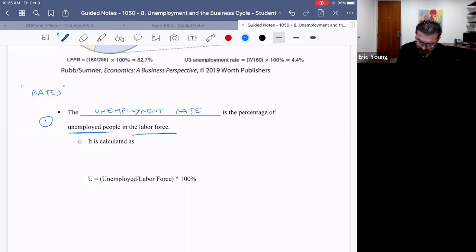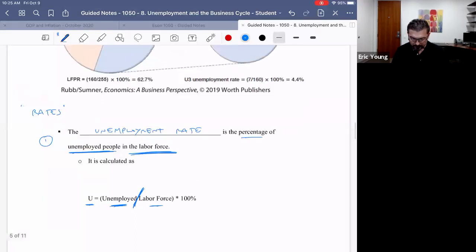So we're going to calculate the unemployment rate as the number of unemployed divided by the number in the labor force times 100. Again, the unemployment rate is the percentage of the unemployed as a proportion of the overall labor force. We derive that number by taking the number of unemployed divided by the size of the labor force times 100.